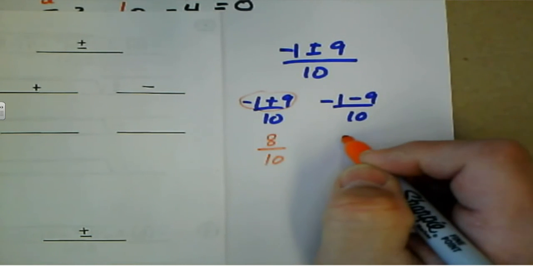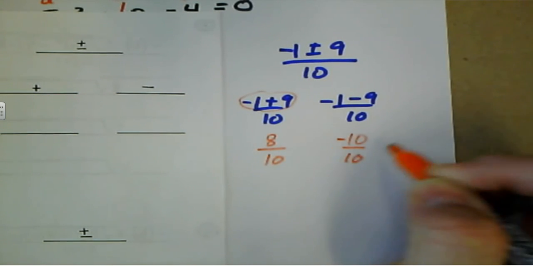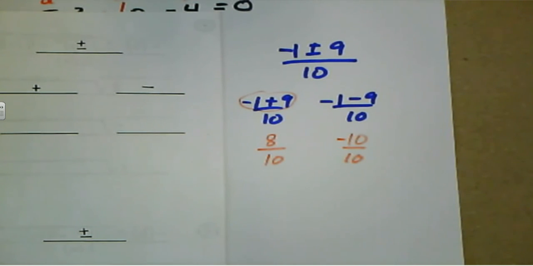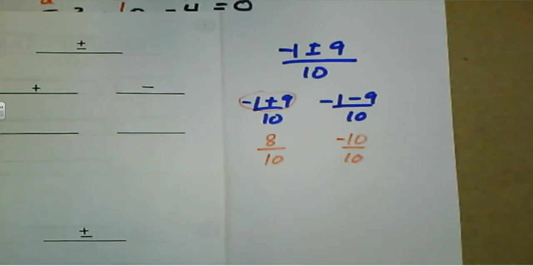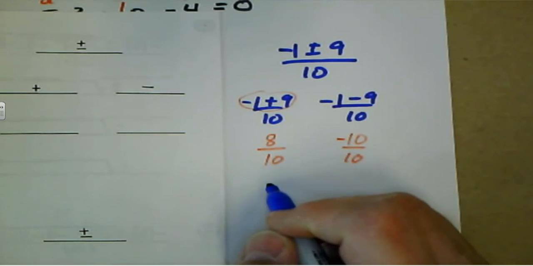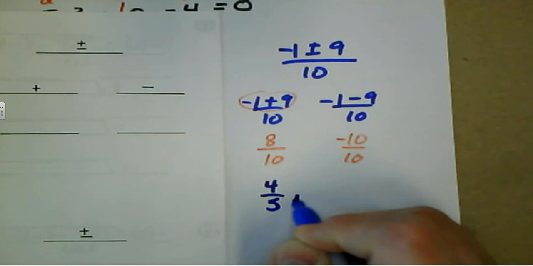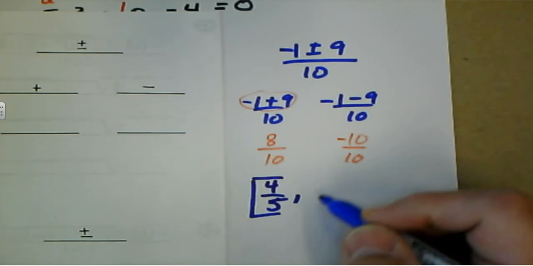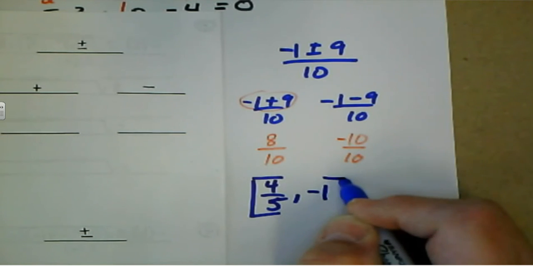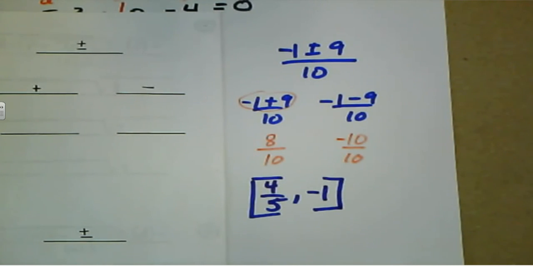Negative 1 minus 9, negative 10 over 10. 8 over 10 will reduce to what? Anybody? 4 over 5. And negative 10 divided by 10? Negative 1.